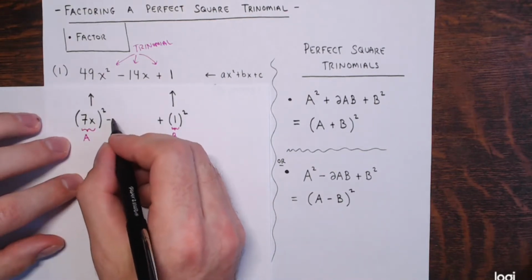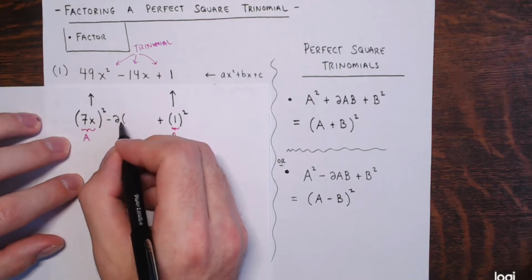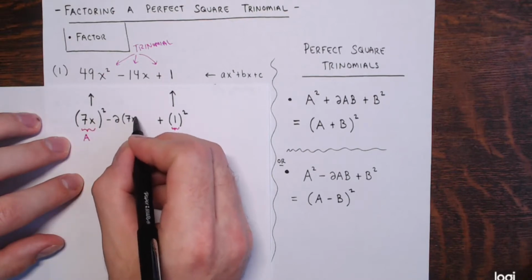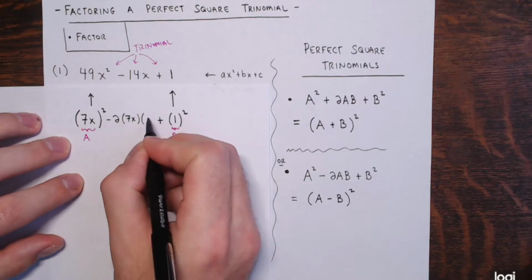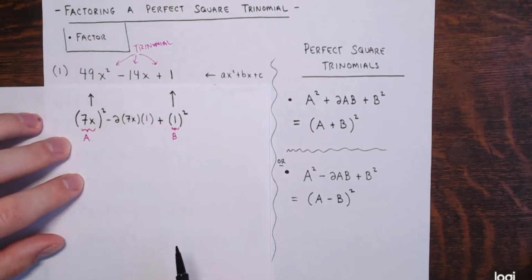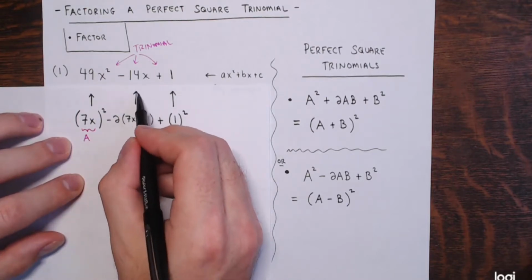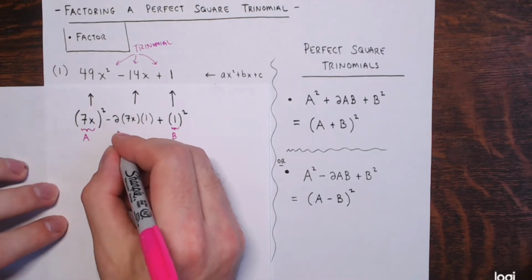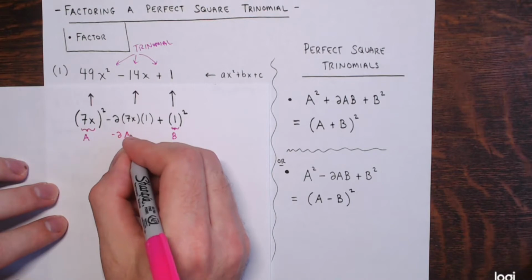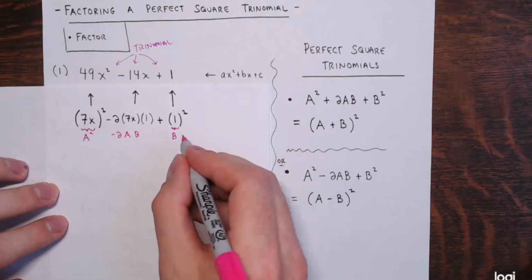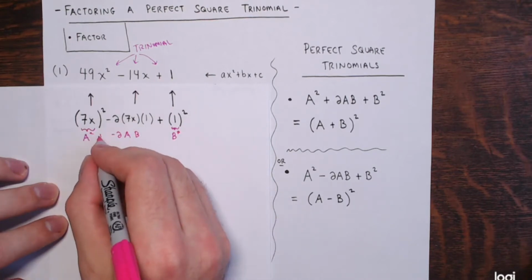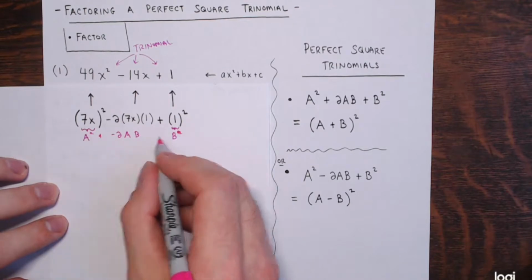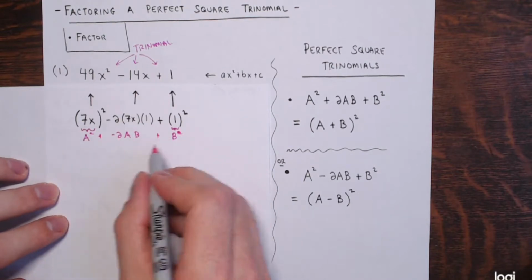Is that minus 2 times 7x times 1? Yes, it is. The middle term is minus 2ab, so we have a squared minus 2ab plus b squared.